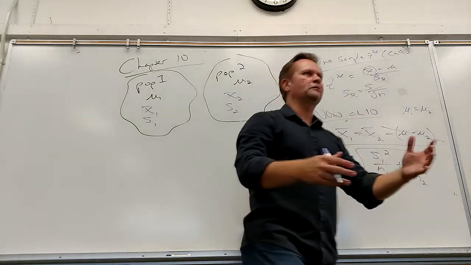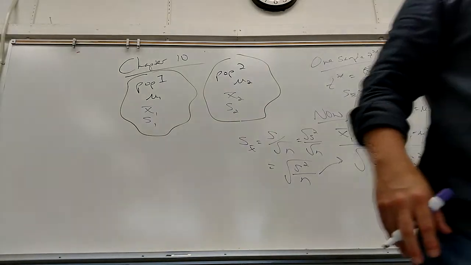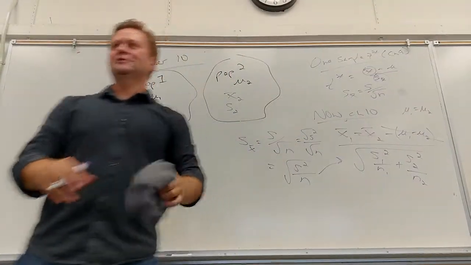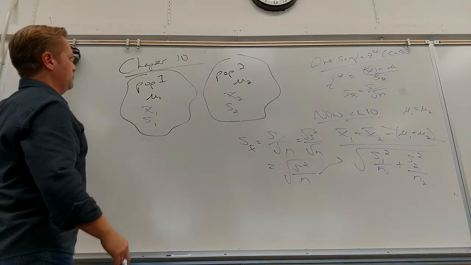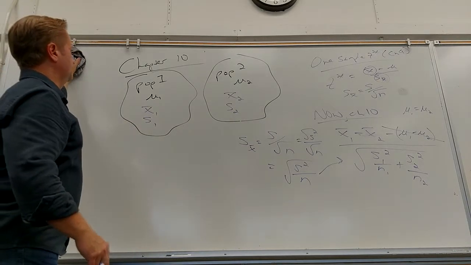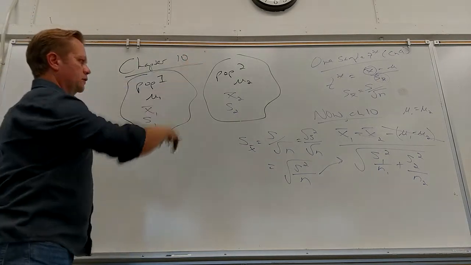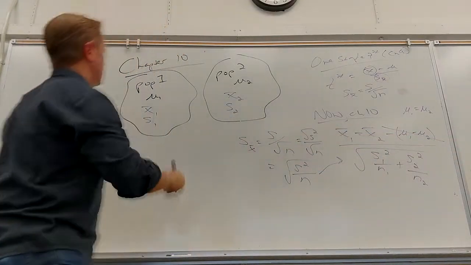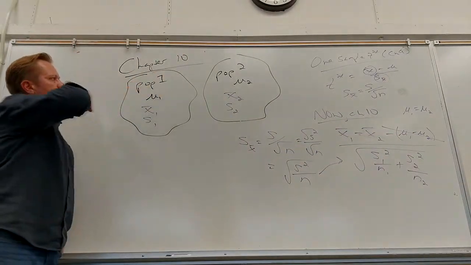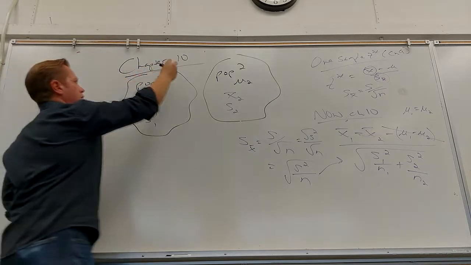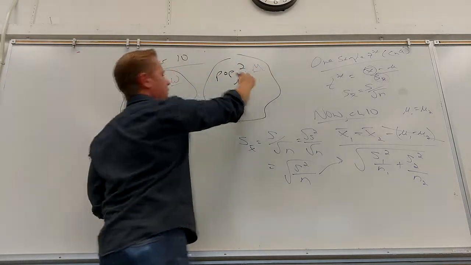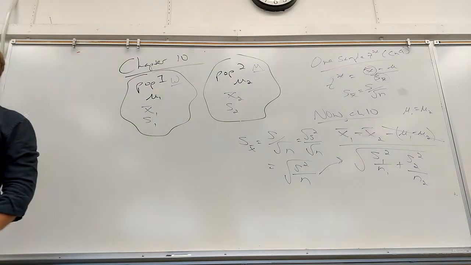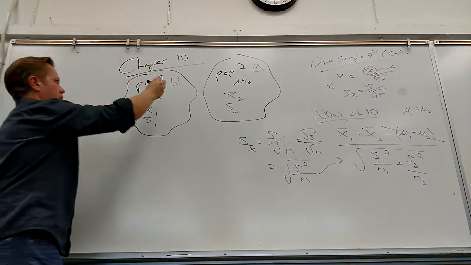Let's try a problem out. It's going to be the same good old 5-step program. Let's say population 1 is women, population 2 is men, and this is the grades in some class.